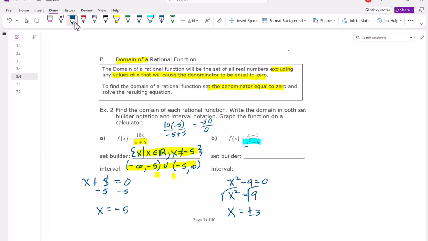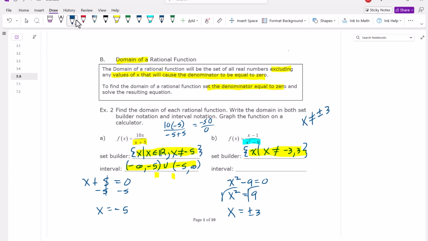So what you would have on your set builder notation is you'd say set of x. And again, you could put x as a real number, or you could leave that off and just say x is not equal to negative 3 and 3. It's also okay to say x is not equal to plus minus 3 as an abbreviation. Okay, so that would be your domain.